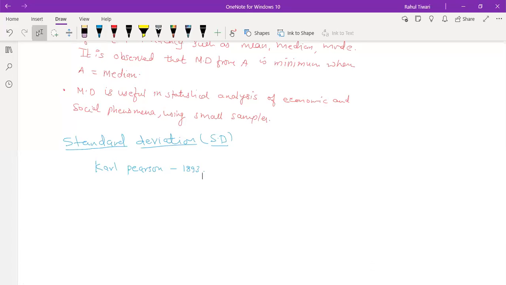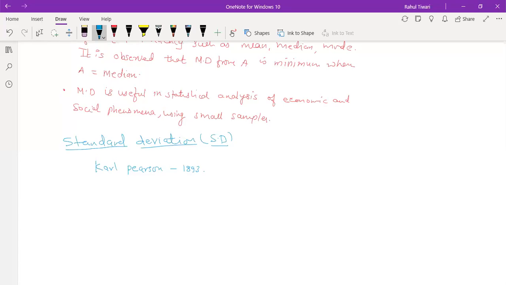Okay, and if I talk in terms of conceptual knowledge of the standard deviation, why it is most useful, first of all it considers all the data in the picture.